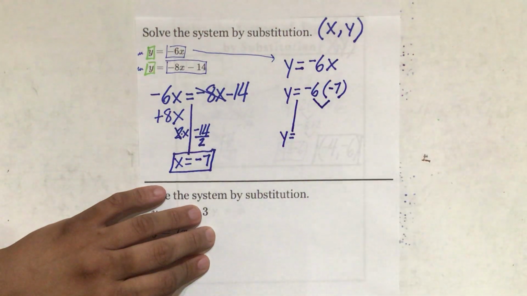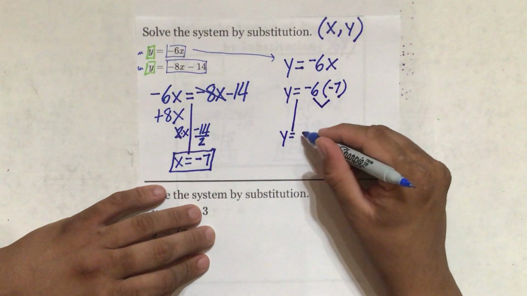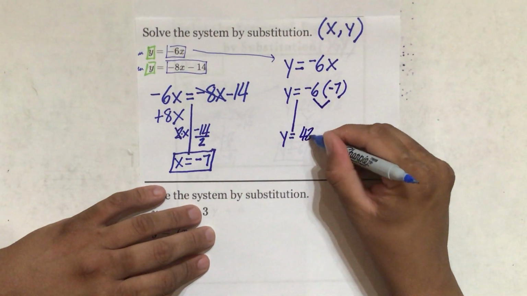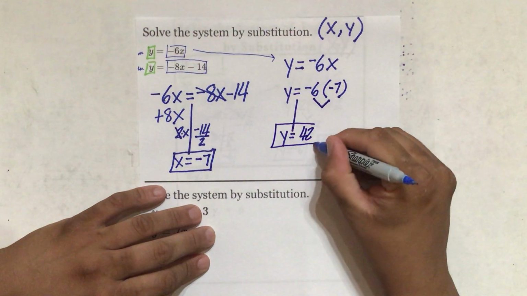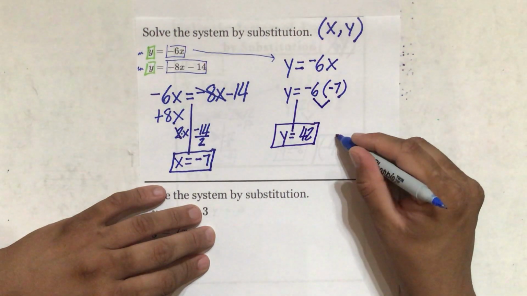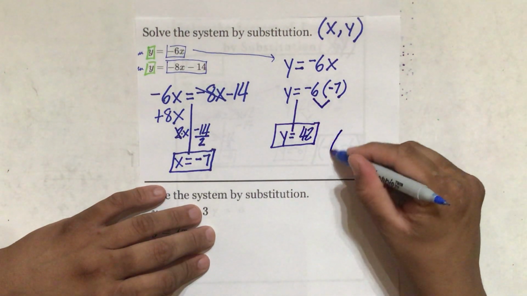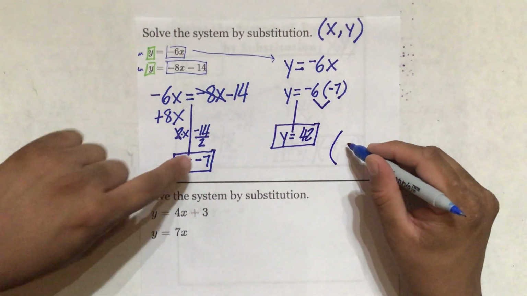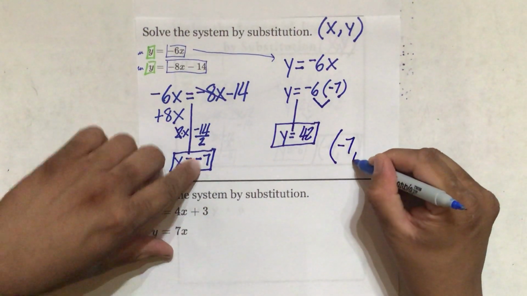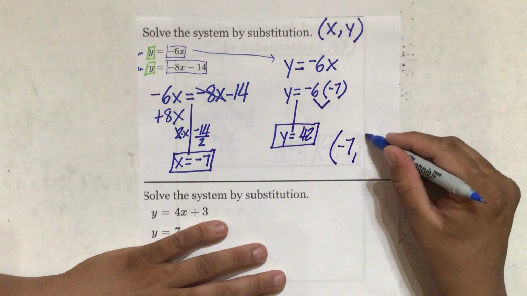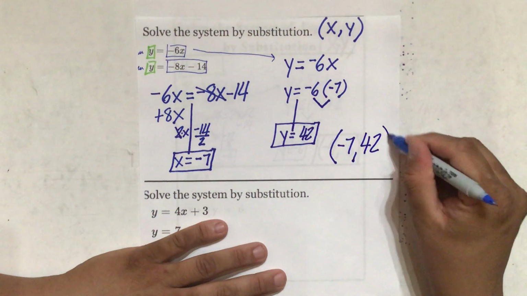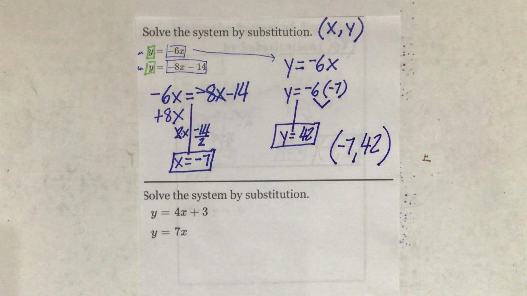A negative times a negative is a positive. 6 times 7 is 42. So where these two equations cross, the solution is x comma y: x is negative 7, y is 42. There we go.